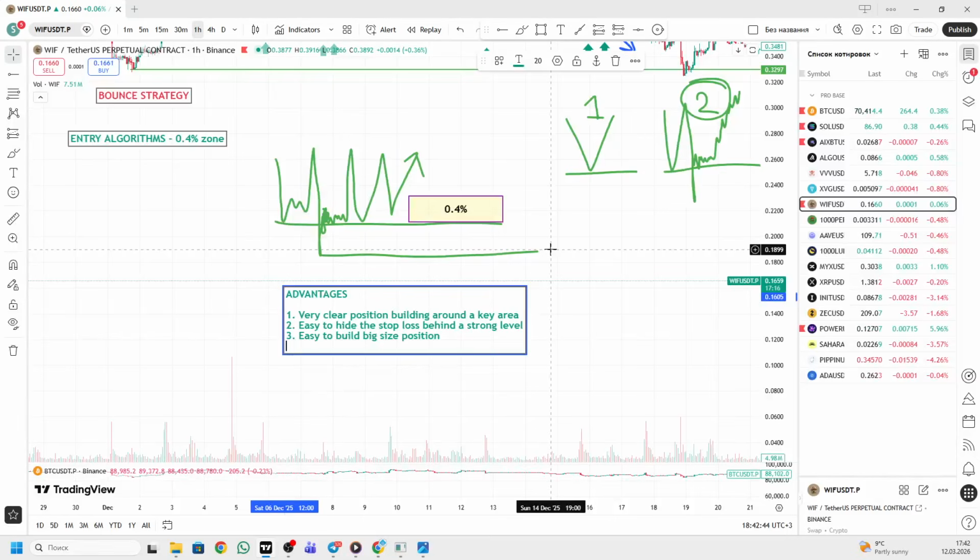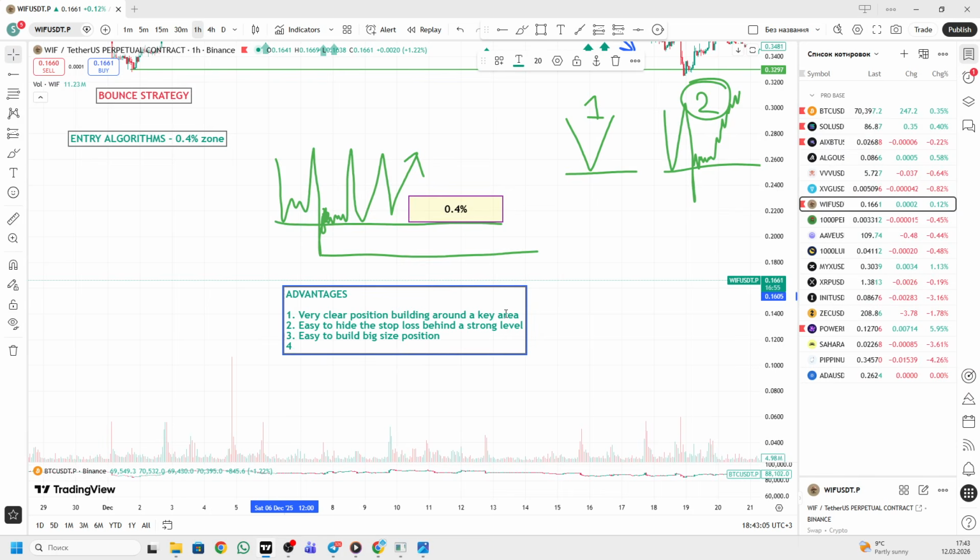You will realize that you don't need to jump from asset to asset trying to catch crazy pumps, right? So just remember this.